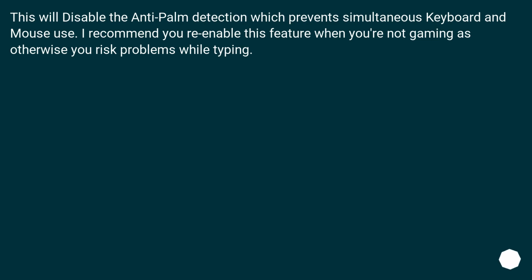This will disable the anti-palm detection which prevents simultaneous keyboard and mouse use. I recommend you re-enable this feature when you're not gaming, as otherwise you risk problems while typing.